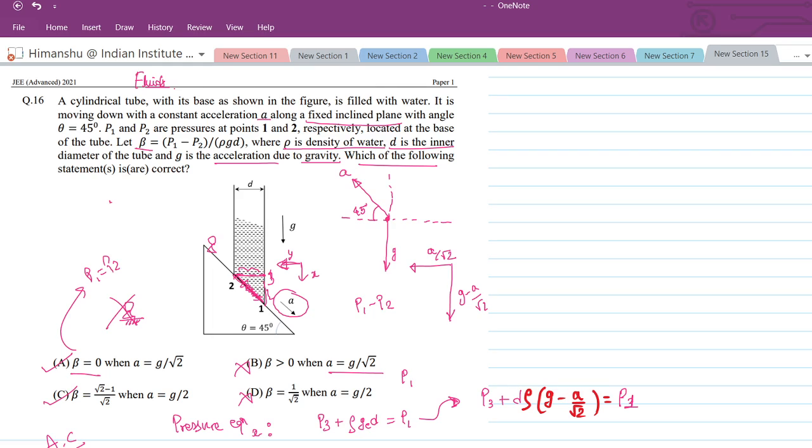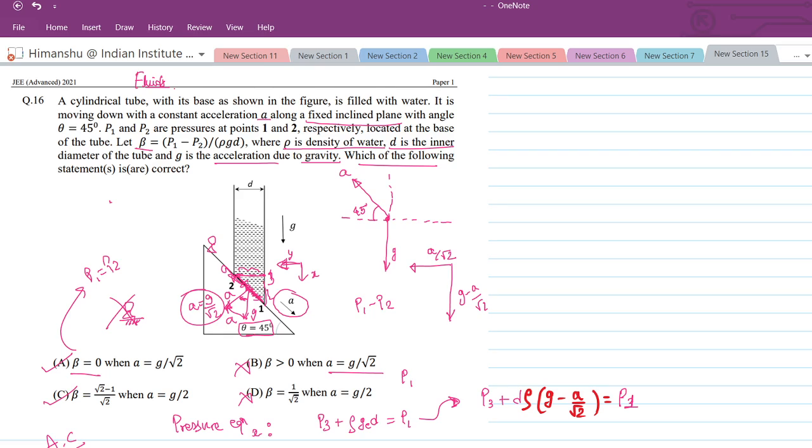If this is a and this is g, then we can find this angle. This will be 45 degrees, so this must be a, and here we put a equals g value.